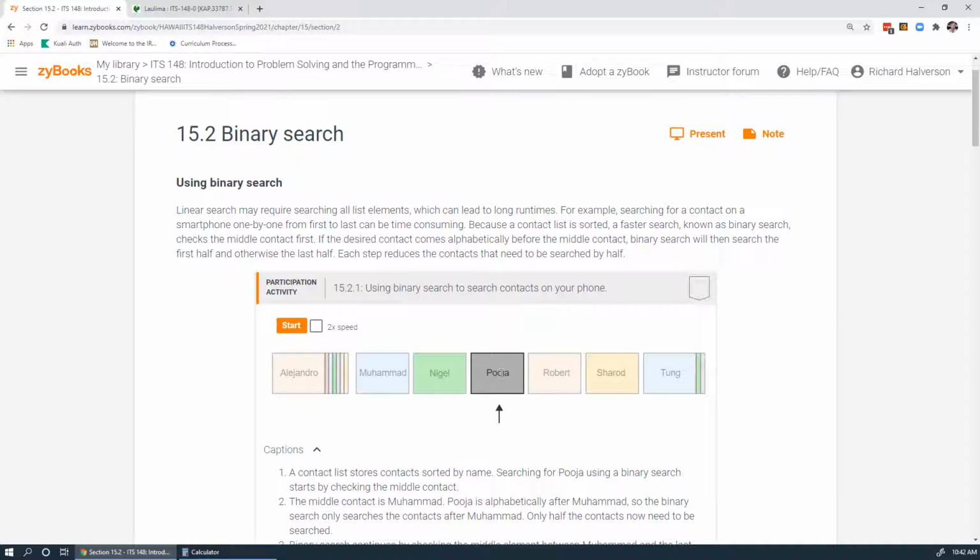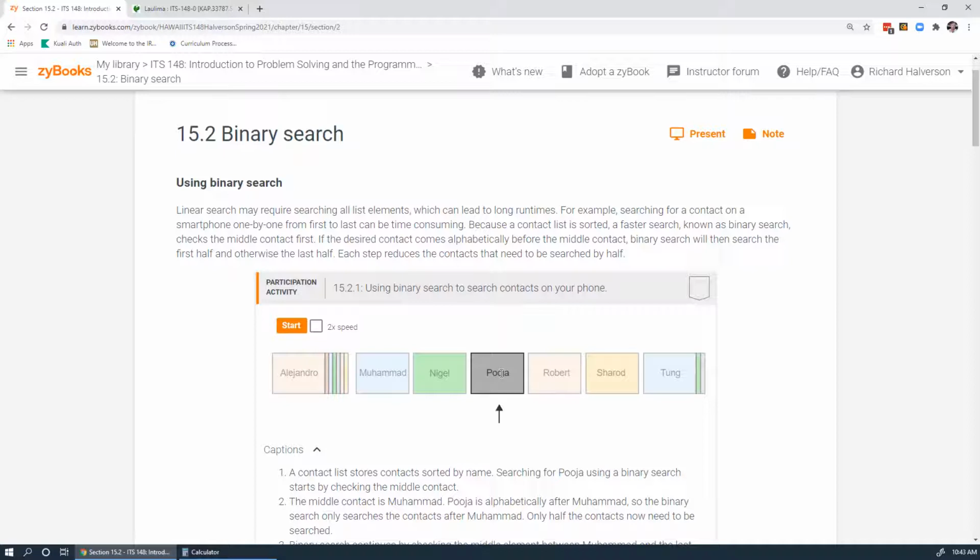Remember, they're in some kind of order. Or it's going to be greater than the element that you first looked at, which is directly in the middle of the list. Then that means for the next search, you've cut down the number of elements you have to look through.